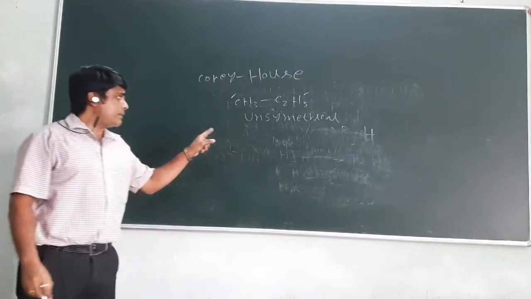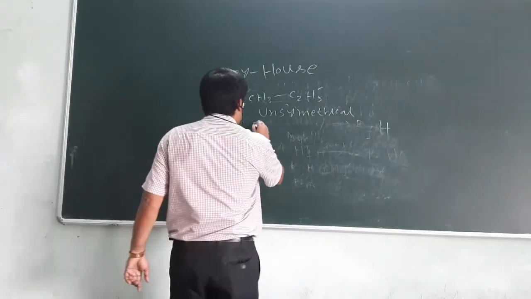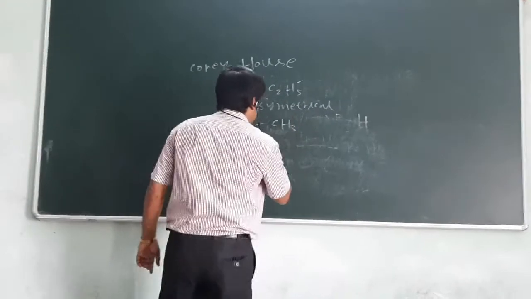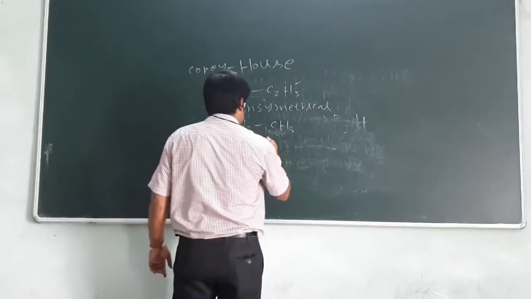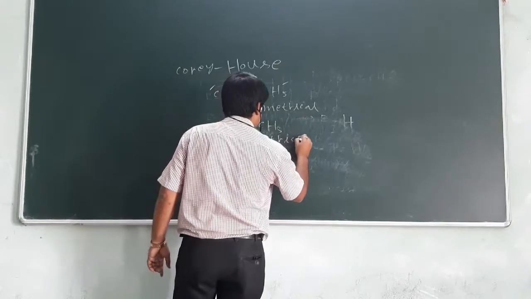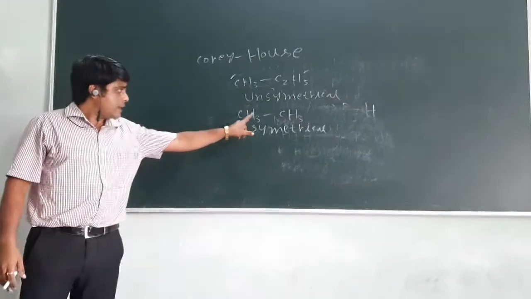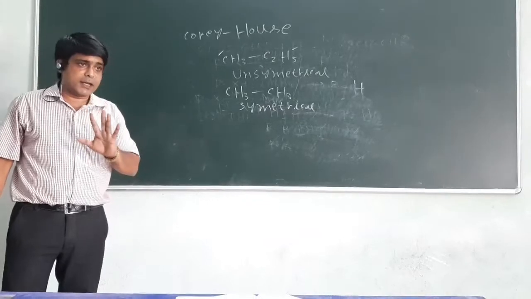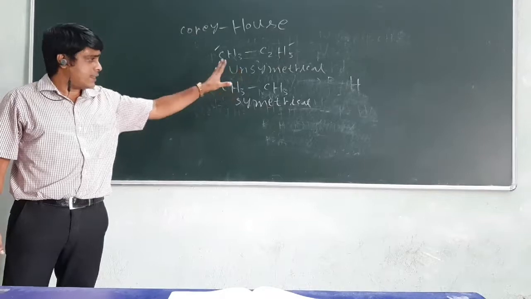What is an example of a symmetrical alkene? It is one example of a symmetrical alkene where the two alkyl groups on the bond are the same. That alkene is called a symmetrical alkene. And if the two alkyl groups are different, then it is called an unsymmetrical alkene.